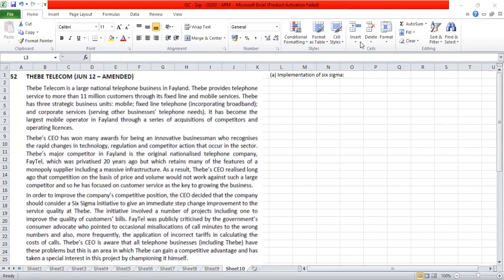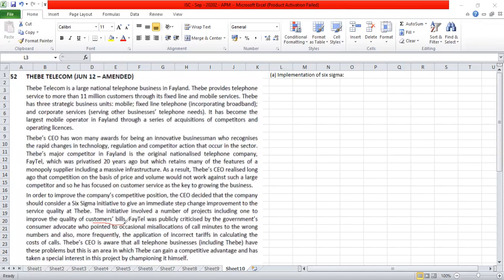So now they have identified that in terms of customers' bills, they can do something about it. Their competitor Fatal was publicly criticized by the government's consumer advocate, who pointed to occasional misallocations of call minutes to the wrong numbers, and also more frequently the application of incorrect tariffs in calculating the costs of calls.